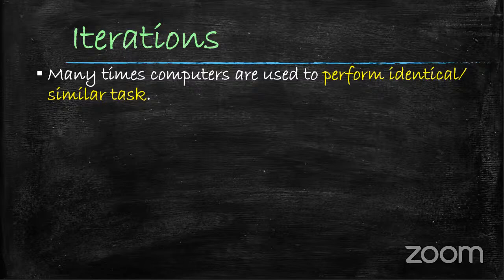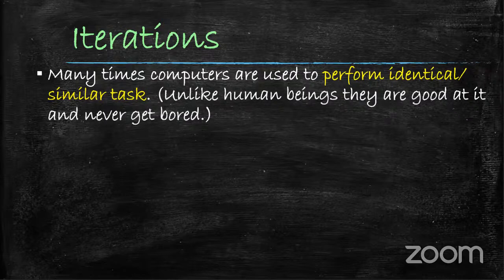So what computer programming languages provide is that you can repeat the code instead of writing it again. There is a command which can repeat the code for a specific amount of time. Computers, unlike human beings, are good at doing the same task again and again, and they don't get bored just like us.